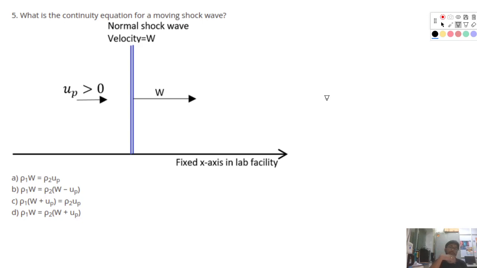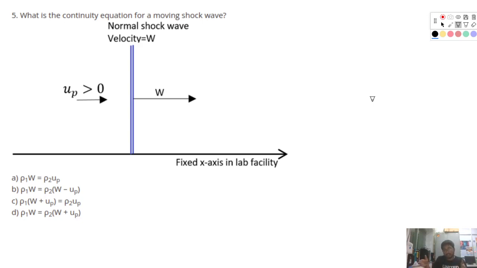Now if you are an observer who is moving with the shock itself, what she or he will see is that the shock is stationary, but the medium has velocity. Because they are moving with the shock, they will not feel the movement of the shock. Instead, they will feel the gas behind them is moving far away, and the gas ahead of them is moving towards them.